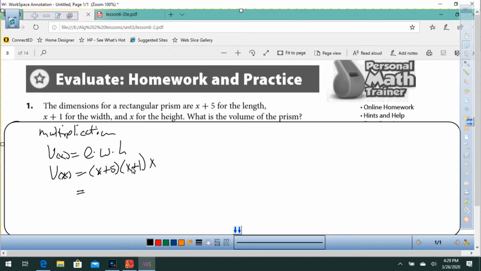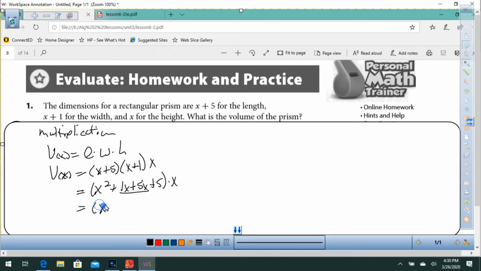We've got x times x, that's x squared, plus x times 1 is 1x. Then we have 5 times x, 5x, and then 5 times 1 is plus 5. And then that's going to be times x. Well, we've got some like terms in here. We can add those together.